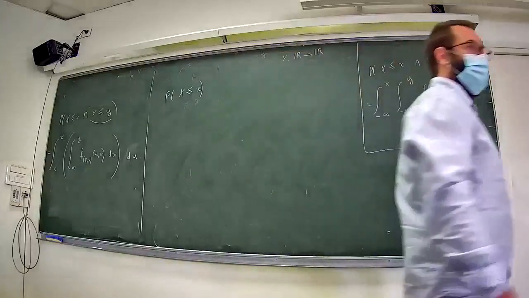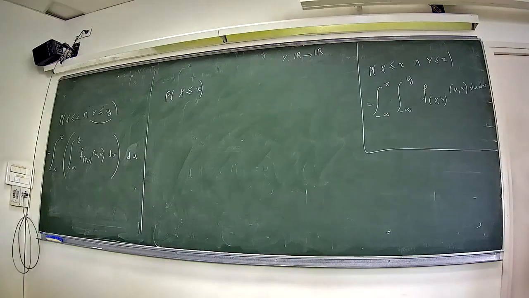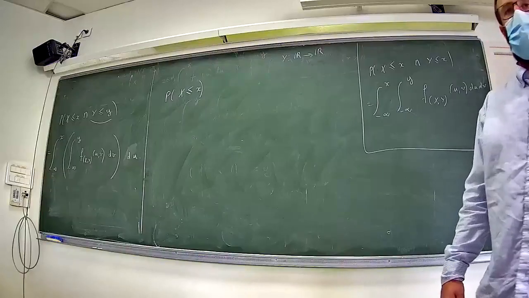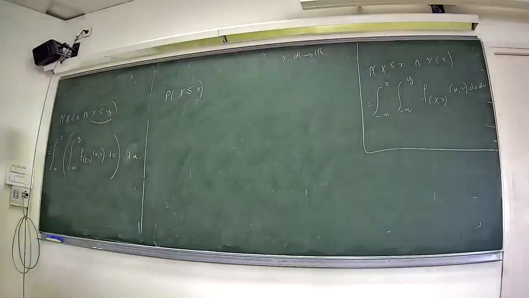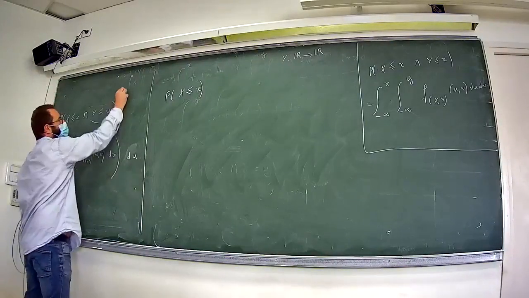The possible values for capital Y are real numbers, all of them. Is there something that is greater than all the real numbers? How do you call it? Yeah, plus infinity.